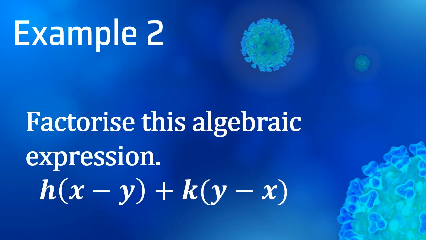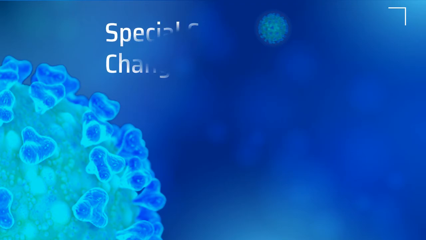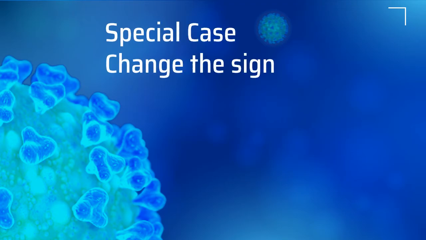Example 2. Look at this question first. In the brackets, they have the similar variables, but the variables have opposite signs, right? x minus y with y minus x. So, this is the special case I already mentioned. We just need to change the sign. Change the sign only of the second group.